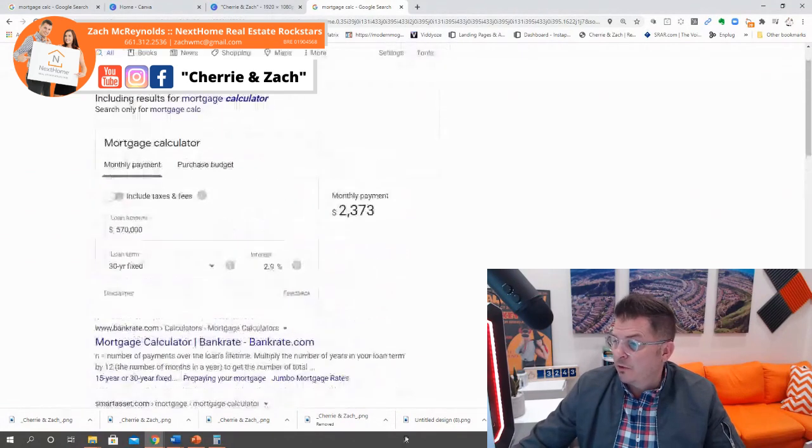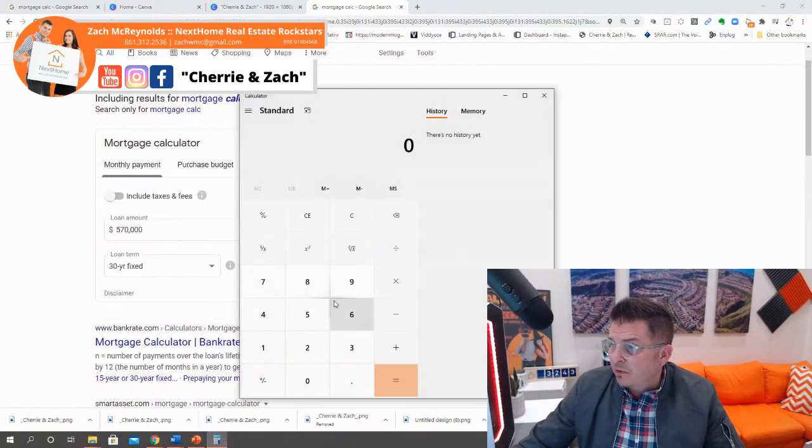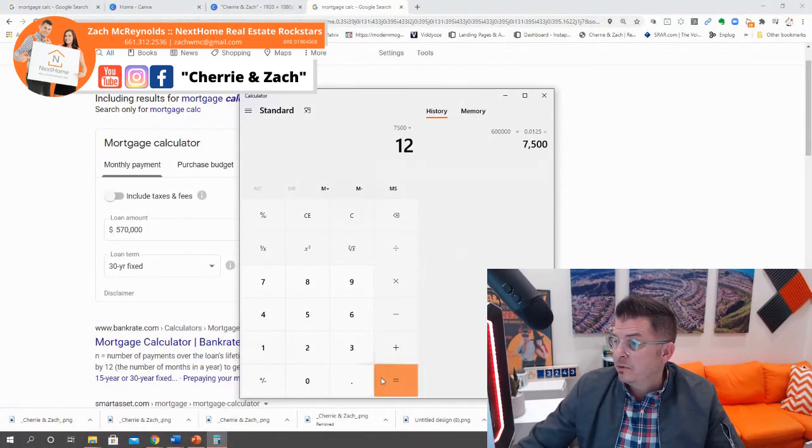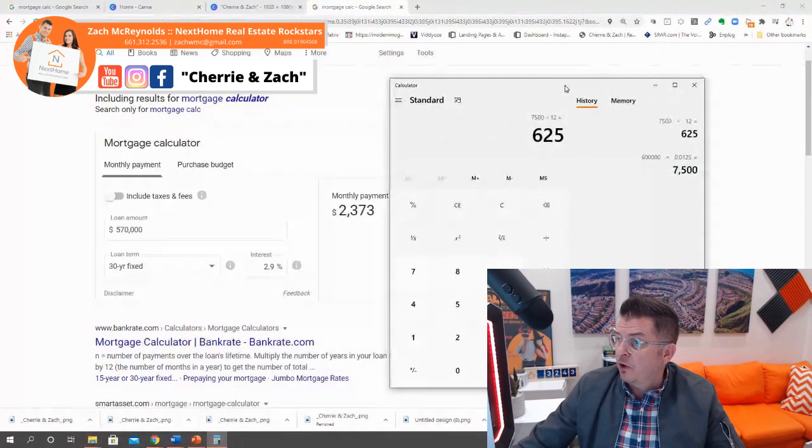So let's go factor that in too. Let's say you're buying a $600,000 house out here in Santa Clarita. We are at a 1.25% tax rate, 0.0125. That's how much a year you're paying in property taxes. So we're going to divide that by 12. That's your monthly dollar amount.